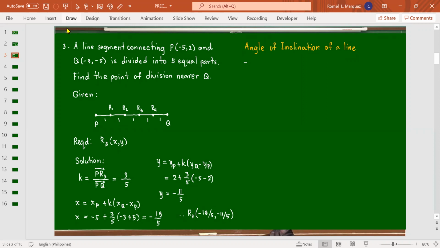It is the smallest counterclockwise angle. You had this in trigonometry, right? Counterclockwise.